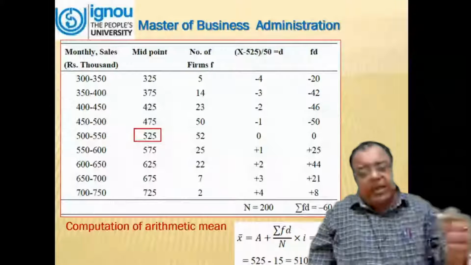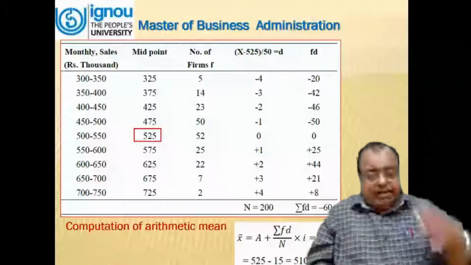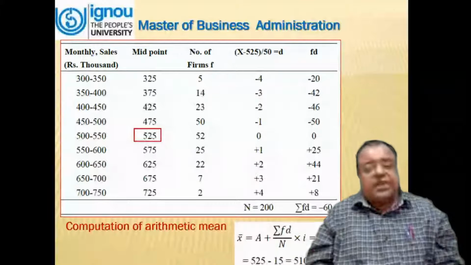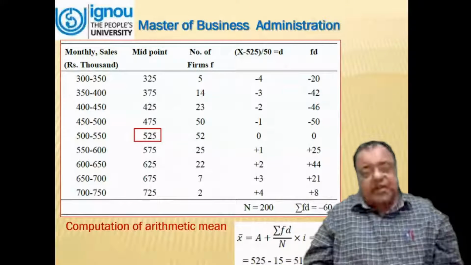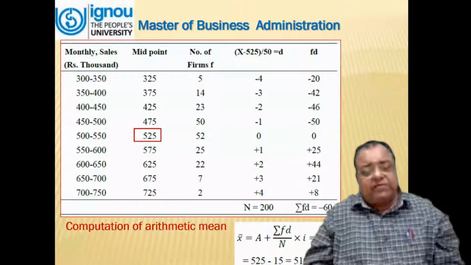And above that, we will write -1, -2, -3, -4. And below 0, it will be +1, +2, +3, +4. Now the thing is how this is calculated. We can see that at the top it is written x minus 525 oblique 50. That is x minus a upon d.